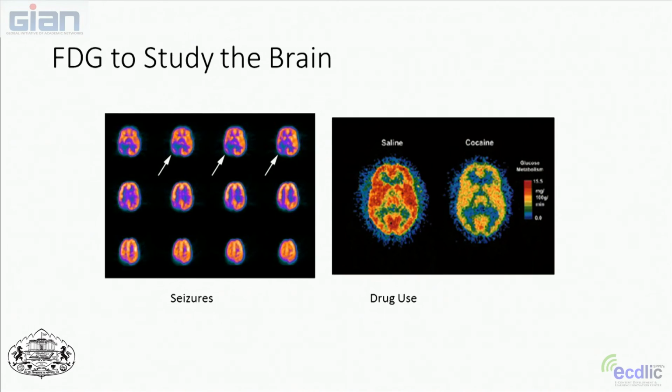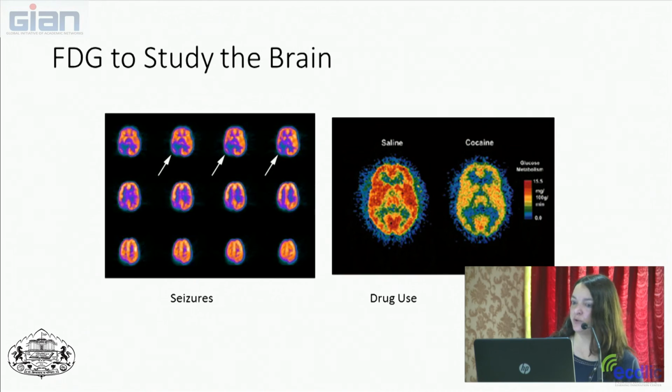Okay, so you can use FDG to study the brain in different ways. So on the left, we're looking at seizure activity, and those different colors represent differences in how the glucose is being used in the brain. So you can see that seizure is causing this asymmetrical pattern of glucose use.